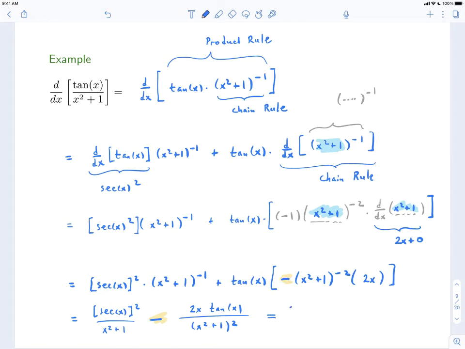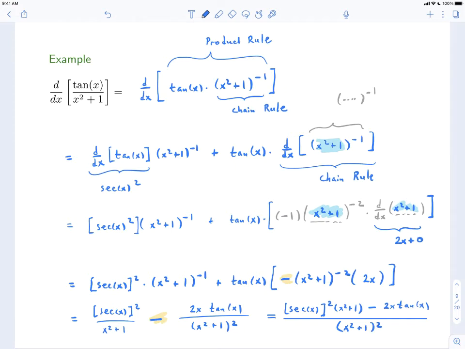We'd end up with secant x squared, and then we're going to multiply that by x squared plus 1, and that will give us a denominator of x squared plus 1 quantity squared, and then we're going to combine these two, so we'll just have minus 2x tangent x, and we're going to divide all of this by the common denominator, which is x squared plus 1 quantity squared.